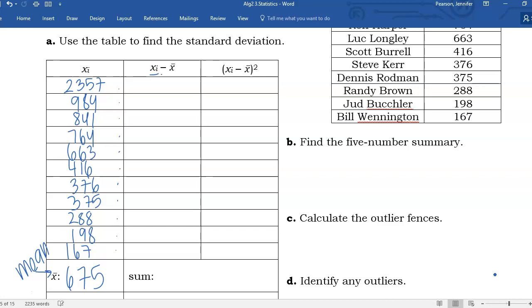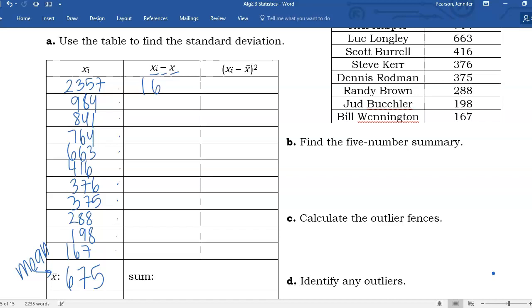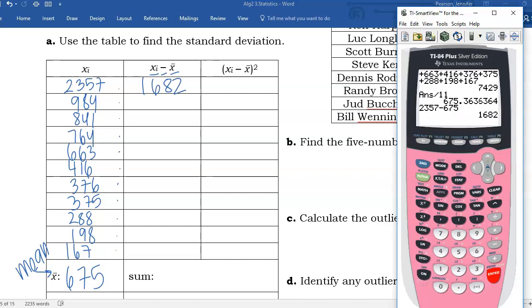Take each number, subtract the mean, okay? So hopefully you get the idea.